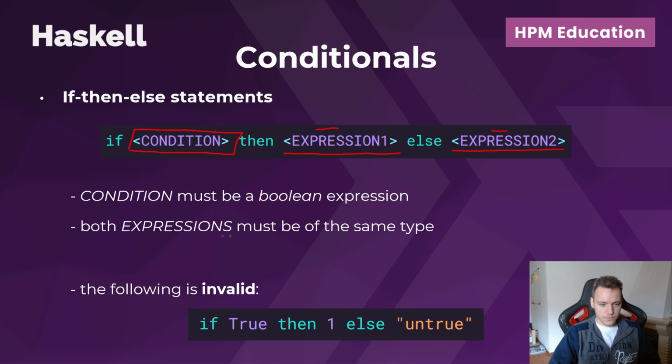That doesn't work, as we can see here. So if true, this is a conditional statement that will always evaluate to true, and it will evaluate the then part of the statement, which is 1. But if we say else and then a string value of untrue, this does not work, right? So these two must be of the same type, because they both fill the same place.